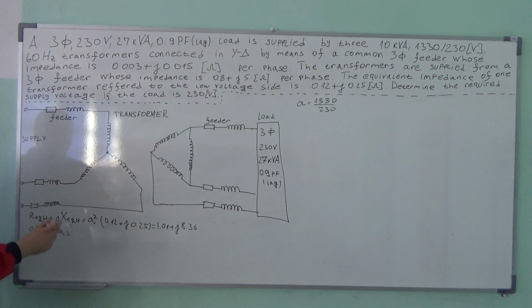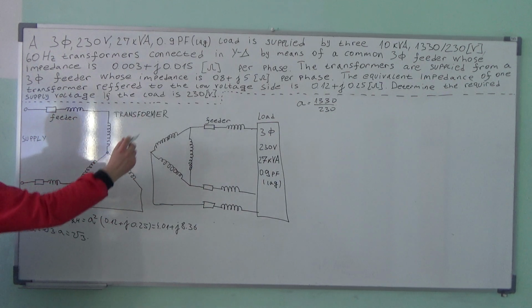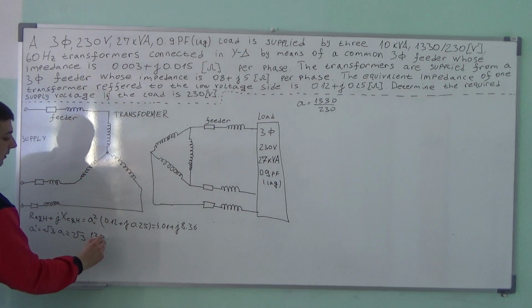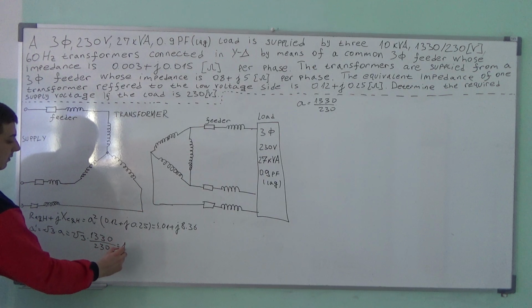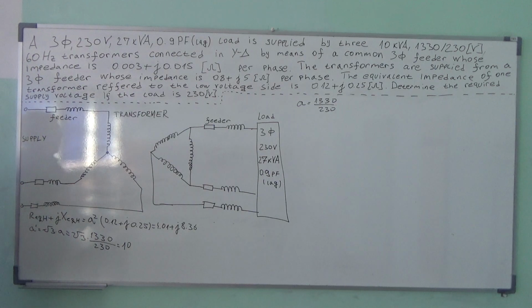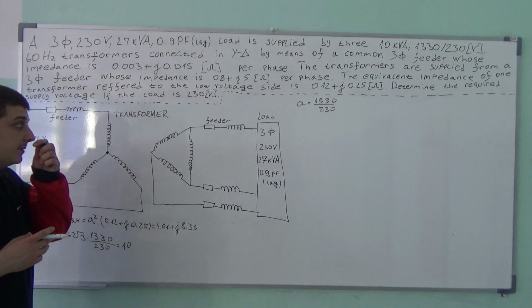We did this in the 18th video. So this is equal to the square root of 3 times 1330 divided by 230, and this is equal to 10. I already know in advance.